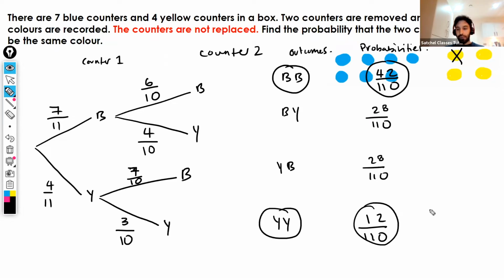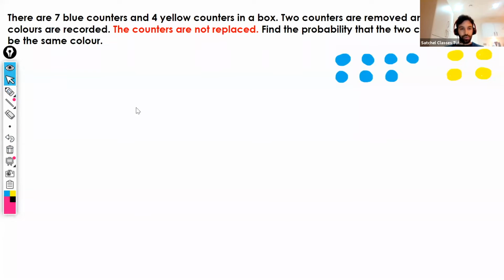So if I just use a different color pen, probability of same color is going to be equal to 42 over 110 plus 12 over 110, and that's going to be 54 over 110. So this is an example where the counters are not replaced, so you just have to be mindful when you do your second probabilities. All right, let's do another example.